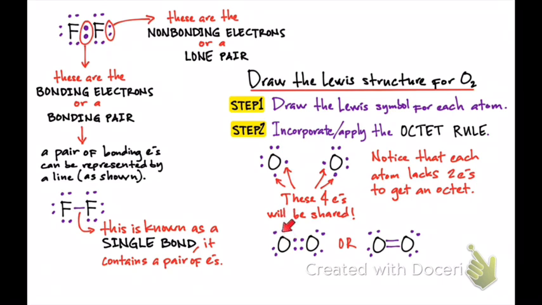Same thing for the first oxygen, 2, 4, 6, and 8 electrons. And again, one pair of electrons is represented by one bond. Now you have a total of 4 electrons here, so that would be represented by 2 lines. And this pair of lines right here is known as a double bond. Okay, so a double bond contains 2 pairs of bonding electrons.